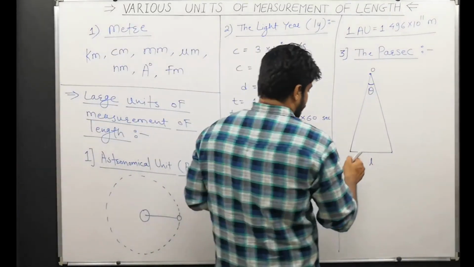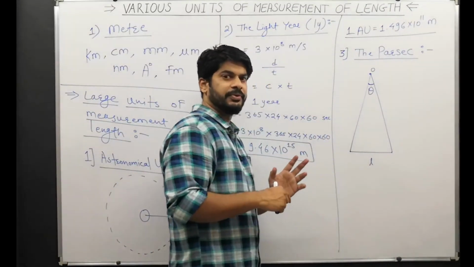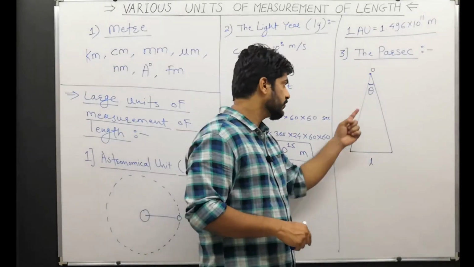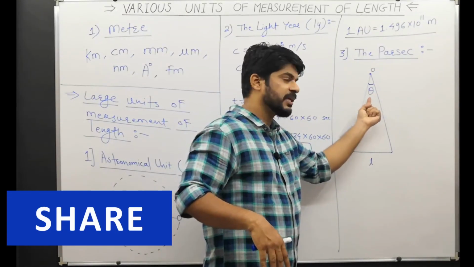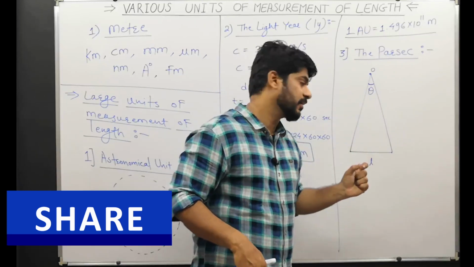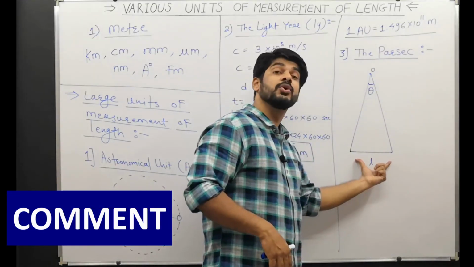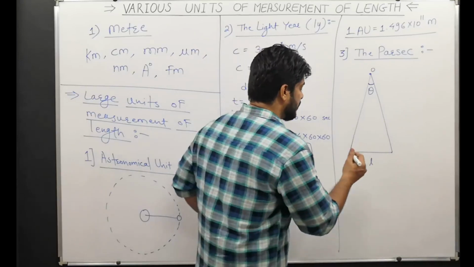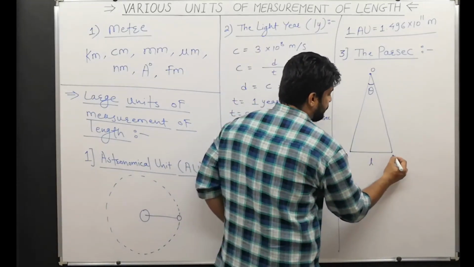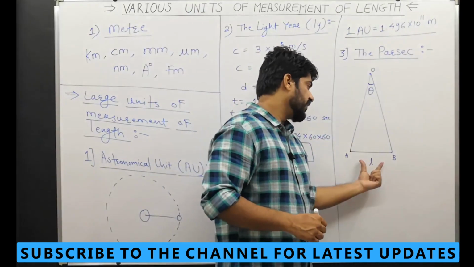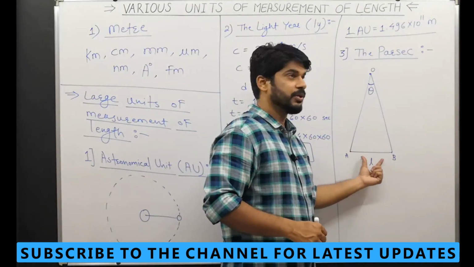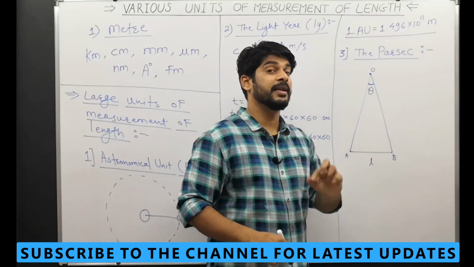Now if you have seen the video about parallax, you will see that in case of parallax, this angle is called the parallax angle. This distance is called the basis. So the angle that the basis subtends at a certain point is called the parallax angle.